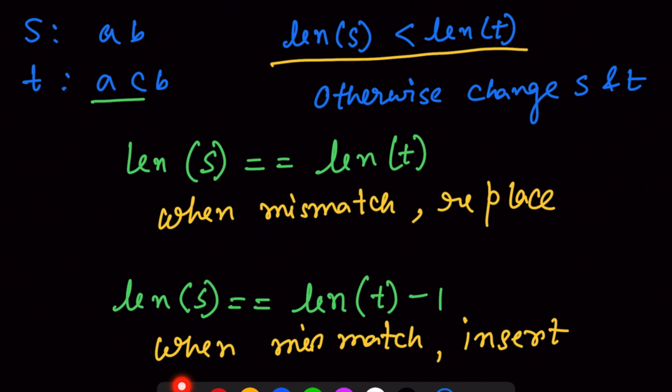If both lengths are the same, then when there is a mismatch we have to replace the character, and we check the replace condition. If length of s is 1 less than length of t, we have to insert one character. So we check these two conditions, and the complexity will be order of n.